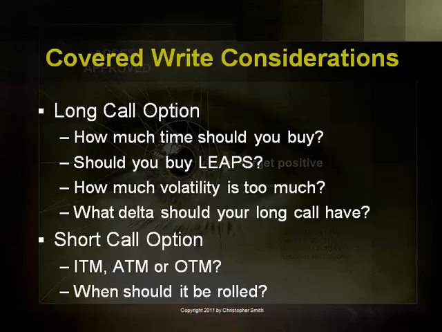Now, if they drop to a nickel, that is a no-brainer. If they're a nickel, just buy them back, close them out, sell something else. But what if they're 20 cents? Well, the question you have to ask yourself is why, what is that option, what purpose is it serving? Why am I keeping it there?